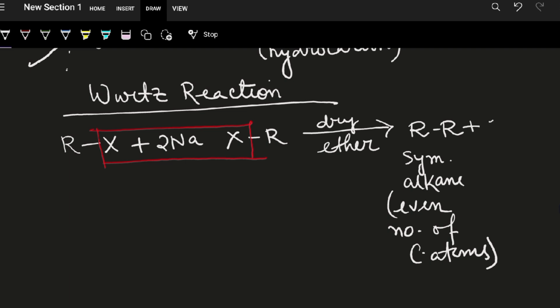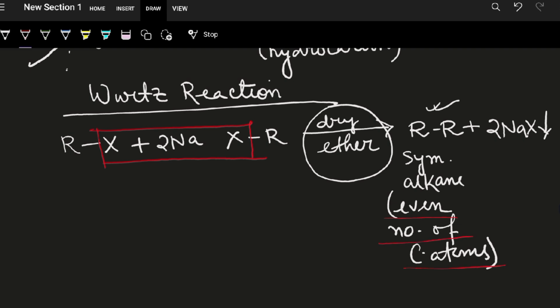And here we can see 2 moles of NaX is precipitated in presence of dry ether. So the medium is dry ether and you get a good yield of a symmetrical alkane containing even number of carbon atoms. So a question arises: why can you not prepare alkane with odd number of carbon atoms using Wurtz reaction?